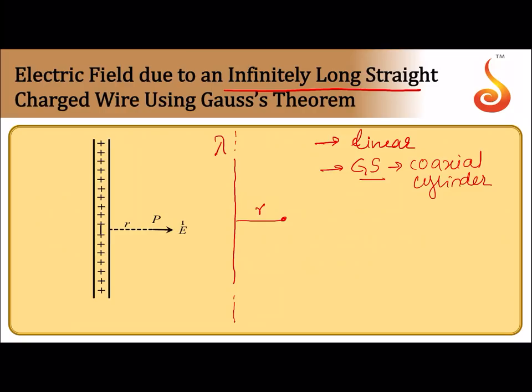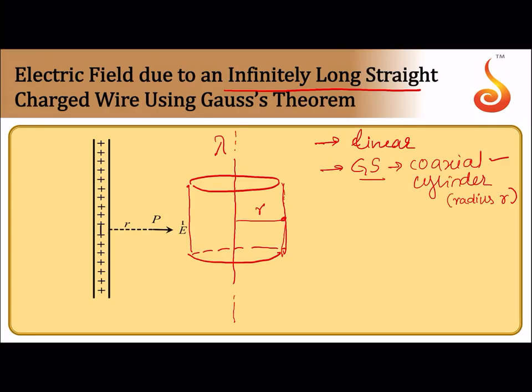Yes. Now while constructing the coaxial cylinder, you should be extremely careful. What care should be taken? This is coaxial. That means two things should happen. It should be coaxial, and this coaxial cylinder must have radius r. So this is what we are going to do. This is your Gaussian cylinder. Apologies for the bad handwriting.